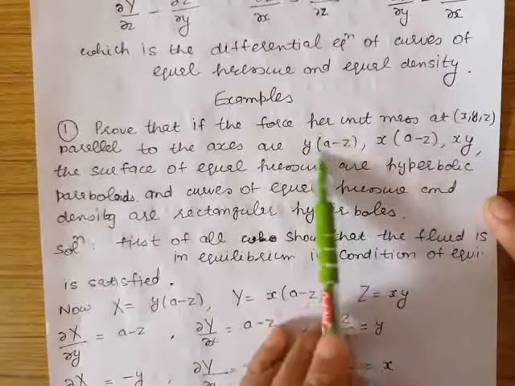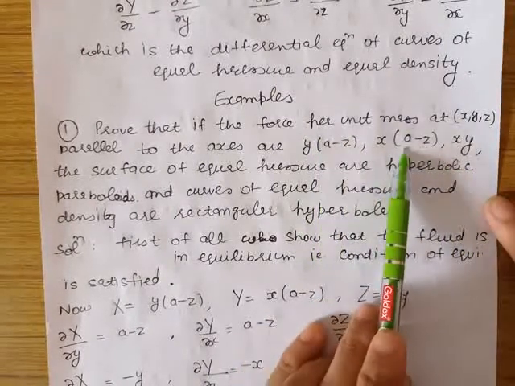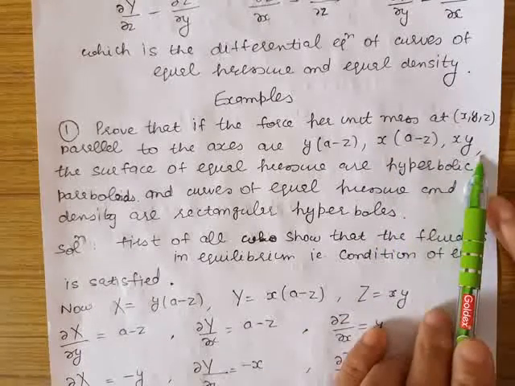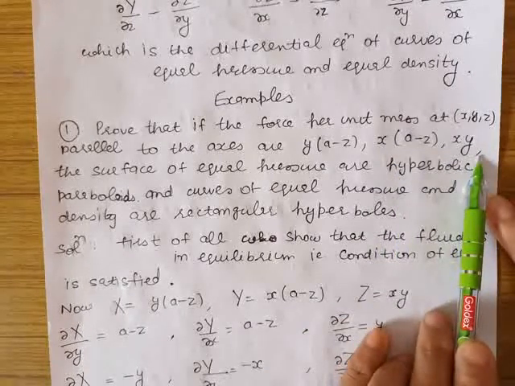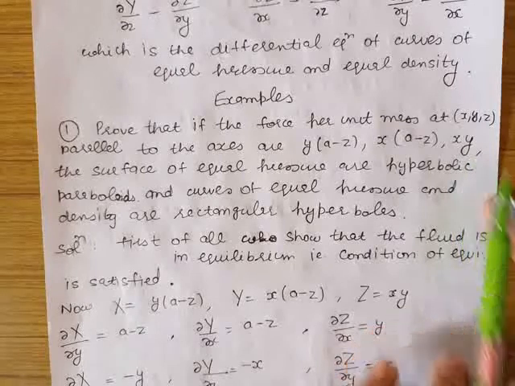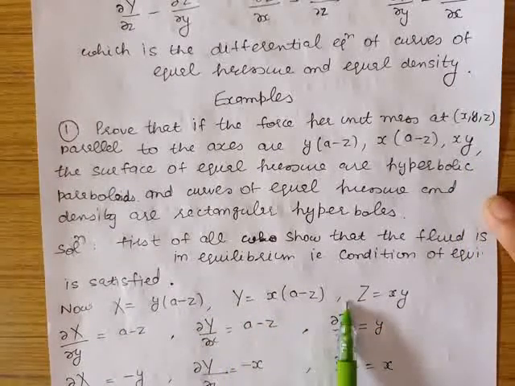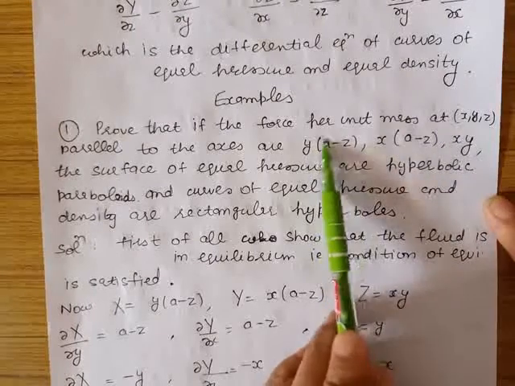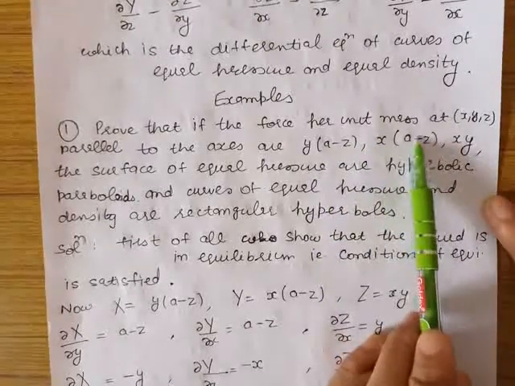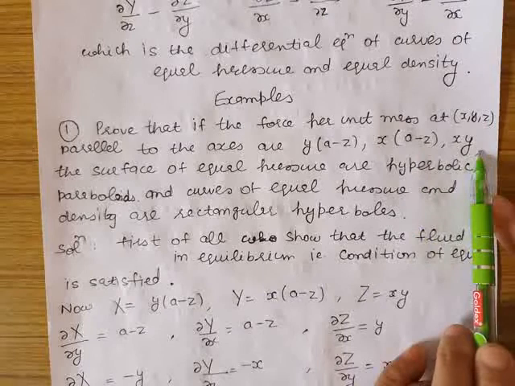This is the force along the x-axis, this along the y-axis and this along the z-axis. So if we represent the forces along the x, y, z axes by capital X, capital Y and capital Z, then this is X, this is Y and this is Z.